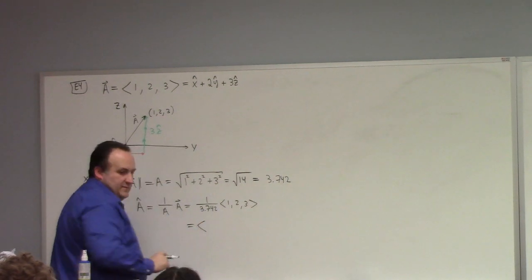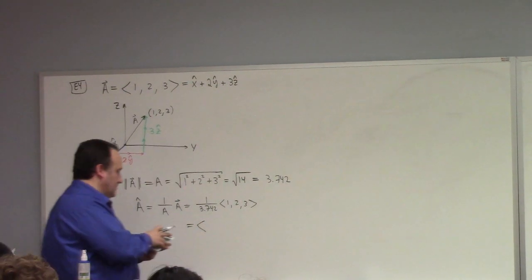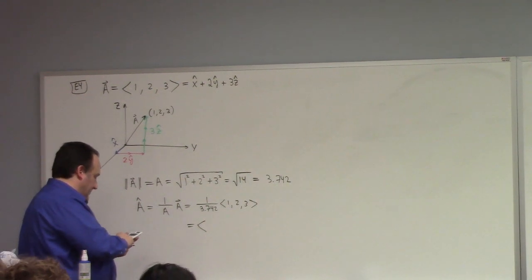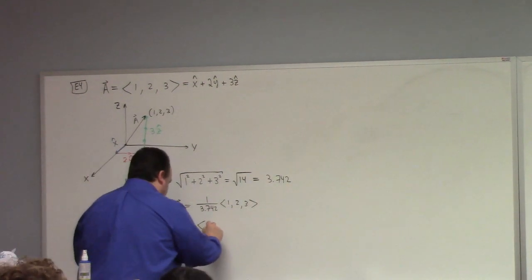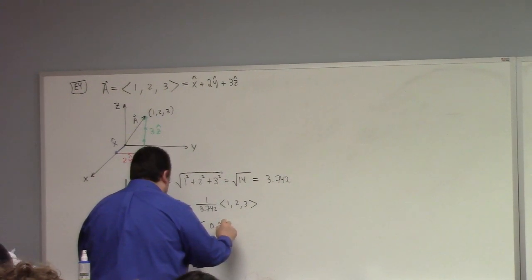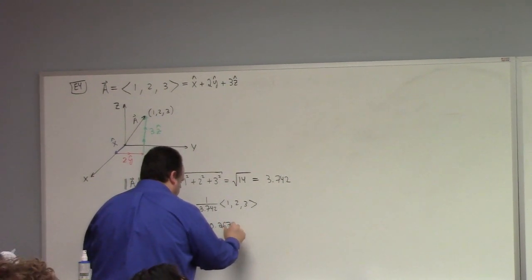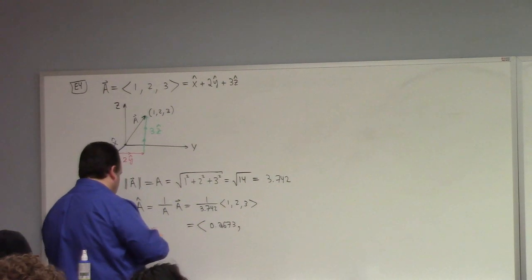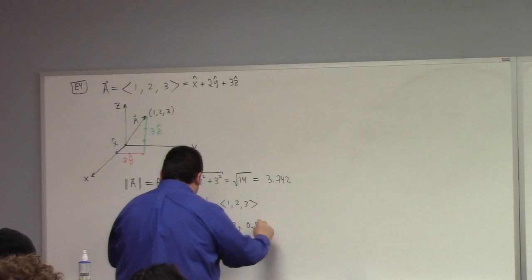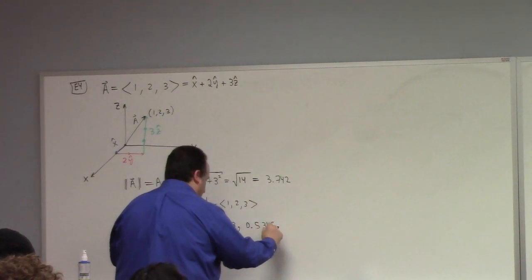Specifically, that gives us the following. I'm keeping a few more digits in my calculator. So this is 0.2673. Multiply that by 2, I get 0.5345.